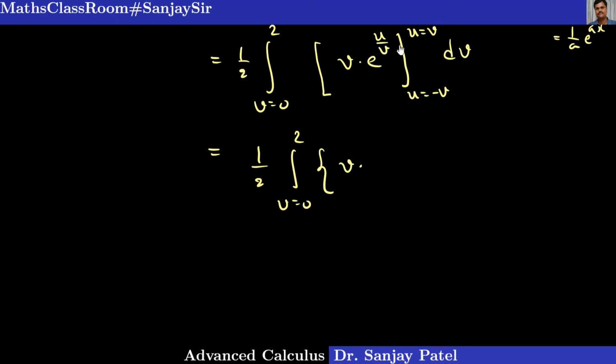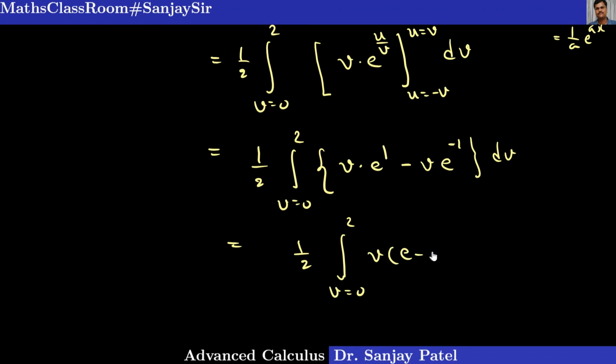So this v remains as it is. Putting u is equal to v, we get e raised to 1. And then putting the lower limit of integration in place of u, v remains as it is, constant. Putting the value of u equal to minus v, we get e raised to minus 1 into dv, which I can write as, this v is a common factor. So what is left is 1 by 2 times v equal to 0 to 2 into v into e minus e raised to minus 1 dv.